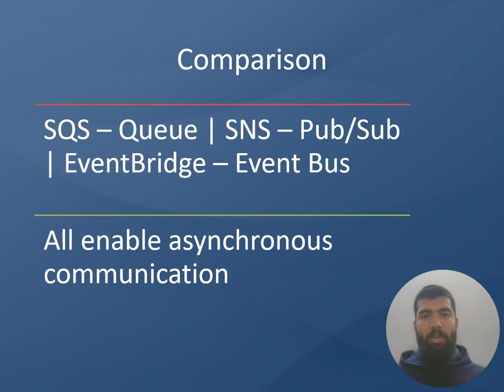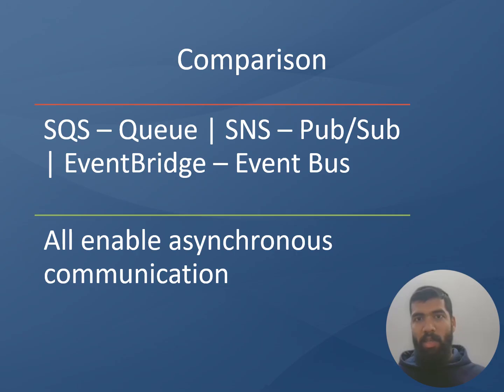All right. Now, since we've already talked about all of these, let's summarize and do a quick comparison. SQS handles message queues between systems. SNS broadcasts messages to multiple endpoints. EventBridge connects AWS and SaaS apps via events. Step Functions orchestrates multi-step workflows.